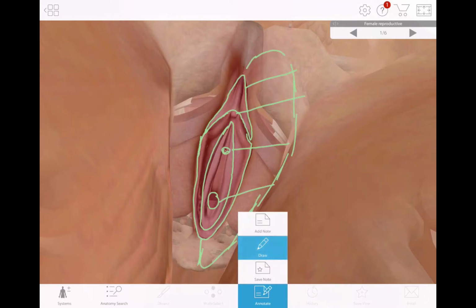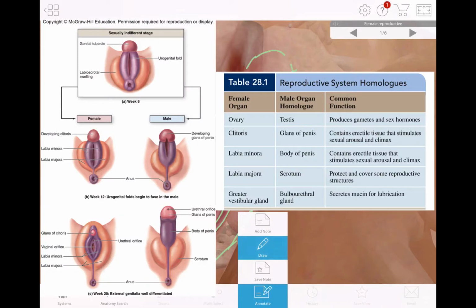From a developmental perspective, the interesting thing about the female external genitalia is that it has a lot of similarities with the male genitalia. That's just in terms of its origin, of course, not in its morphology. They don't look the same, but they have a lot of traits in common. The clitoris is an analog to the tip of the male penis.